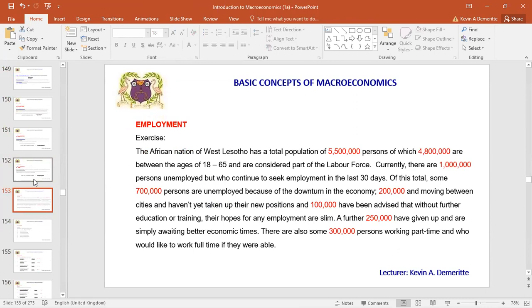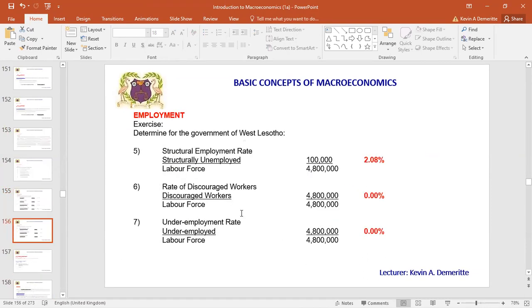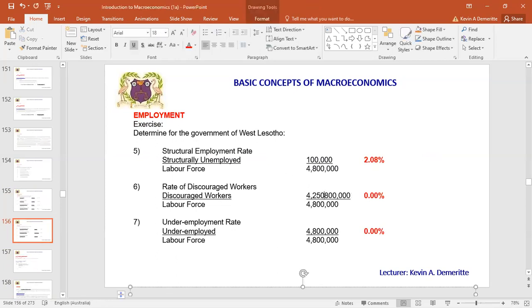A further 250,000 have given up and are simply awaiting better economic times. Exactly. So here's your 250,000. And what is our calculation for the rate of discouraged workers compared to the labor force? 0.0520.